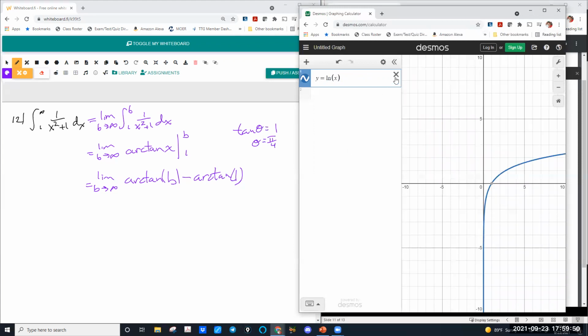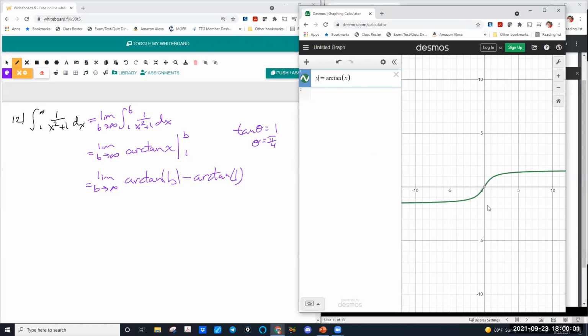All right, get rid of this. And we're going to do y equals arctan of x. All right. Now, a couple things. Number one, we had to figure out what arctan of 1 is. There's 1 right there. Desmos actually gives you that. Like I said, most of the time you're not going to have to memorize many.